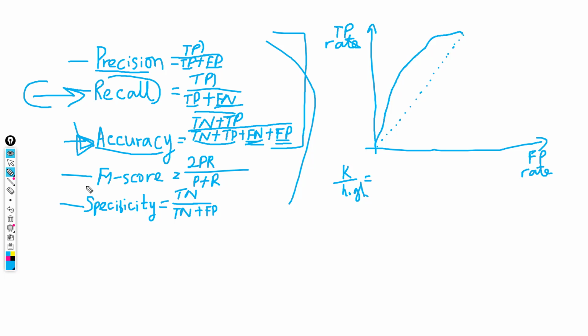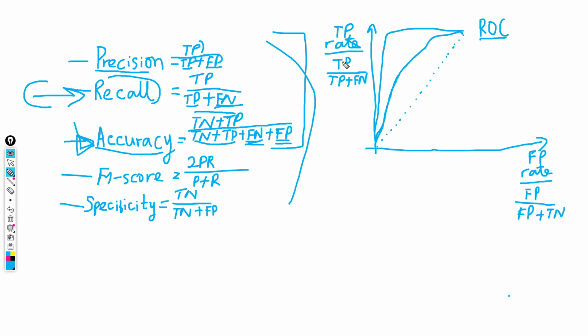Now, we also have this F1 score, 2 times the precision times recall divided by the precision plus recall, and the specificity, the number of true negatives divided by the number of true negatives plus the number of false positives. And then we also have this ROC plot right here. ROC stands for receiver operating characteristics. Here we have the true positive rate and the false positive rate.